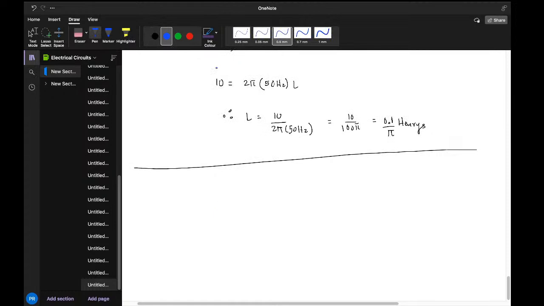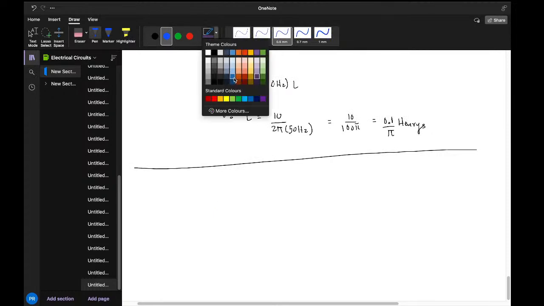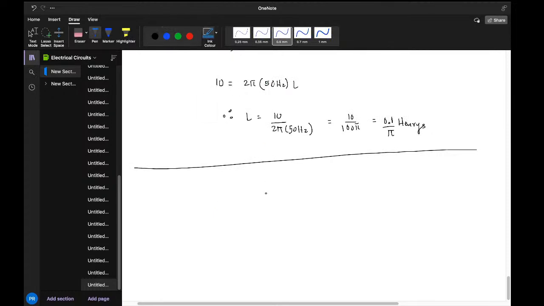Next circuit we have another problem. So the next circuit goes something like this.